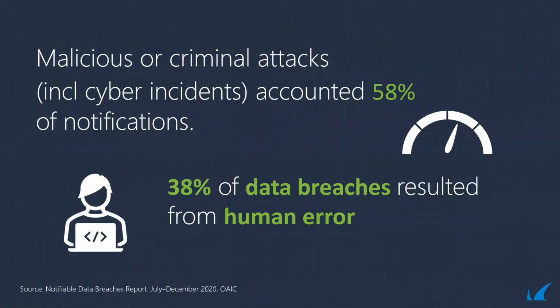So in the notifiable data breach report, which was based on July to December in 2020, released in January this year, we noted that 58% of notifications resulted from criminal attacks in cyber incidents. Now, that was then broken down into human error, which accounted for about 38% of notifications, which was actually up 18% year over year.